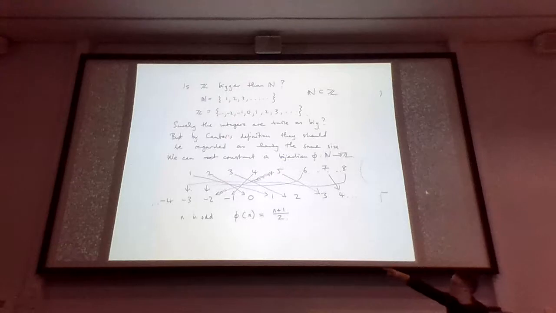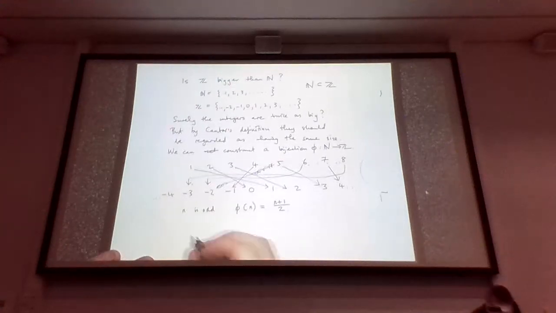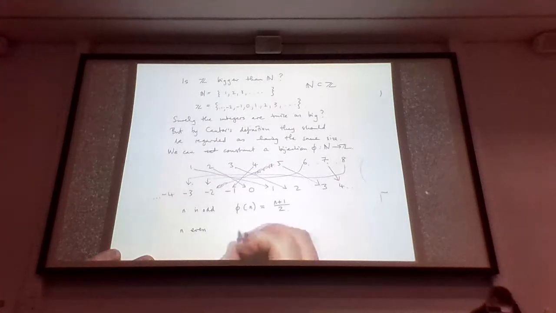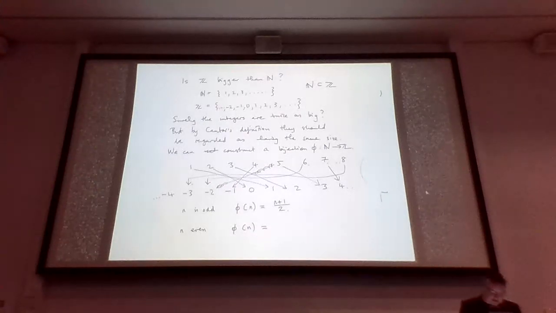You add 1 to the odd number n, and then you take half of it. And if n is even, what are we doing to the even numbers? We're making phi of n so that 2 goes to 0, 4 goes to -1, 6 goes to -2.